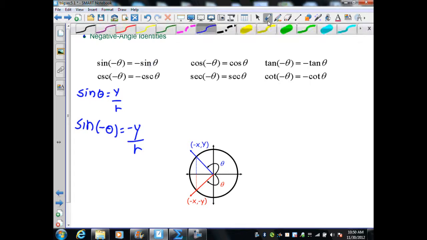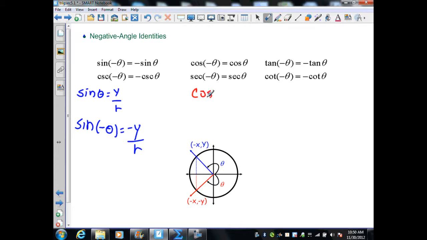For cosine, what I need to do is to identify those in our unit circle. So I would have cosine theta equal to, on our positive theta, an x as my adjacent and r. So that would be x over r.